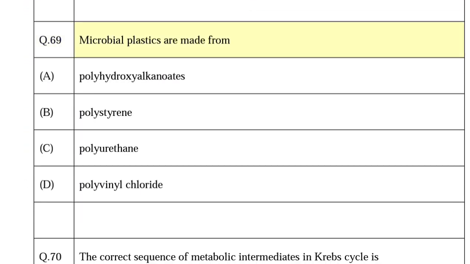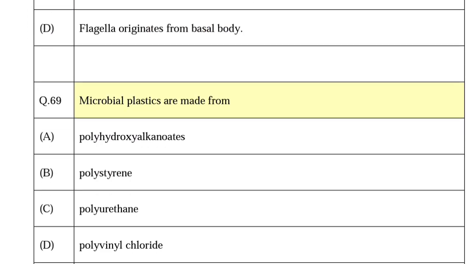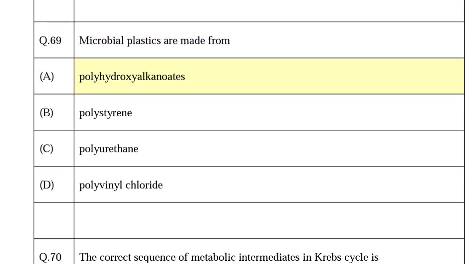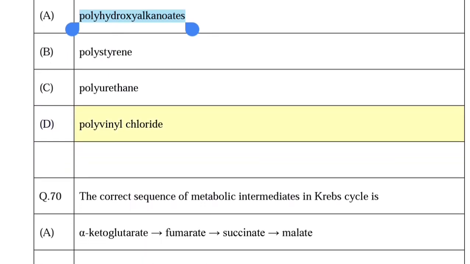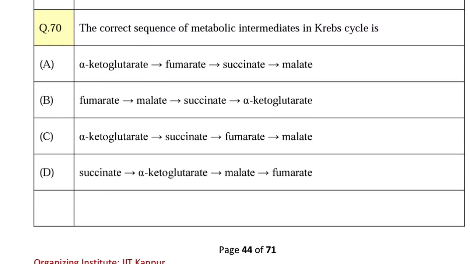Q.69. Microbial plastics are made from A. Polyhydroxyalkanoates, B. Polystyrene, C. Polyurethane, D. Polyvinyl chloride. Q.70.